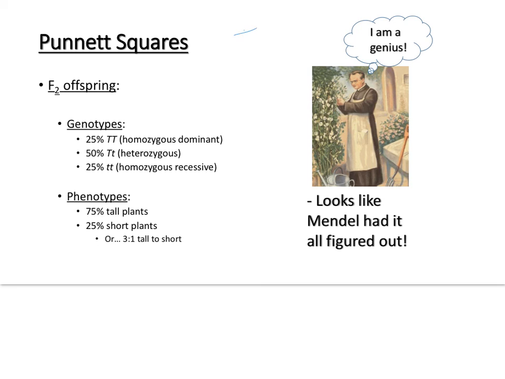So again, I'm going to draw this Punnett square really quickly up here at the top so we can reference it. Big T there, big T there, big T, two little t's. Okay, so if we're asked about the genotypic outcome in this cross, this is the F2 generation that we form here, we're going to find that 25% of our plants are homozygous dominant.